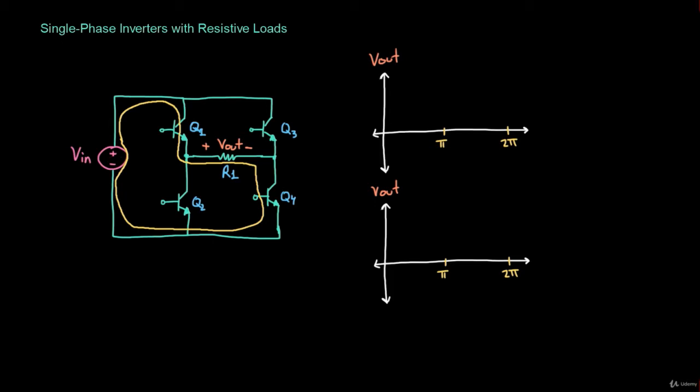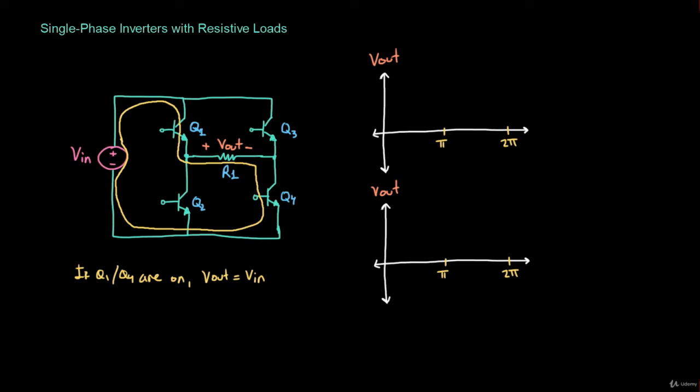Likewise, we've connected the negative terminal of Vin to the negative terminal of Vout. So let's write this down. If Q1 and Q4 are on, then Vout is going to be equal to Vin.